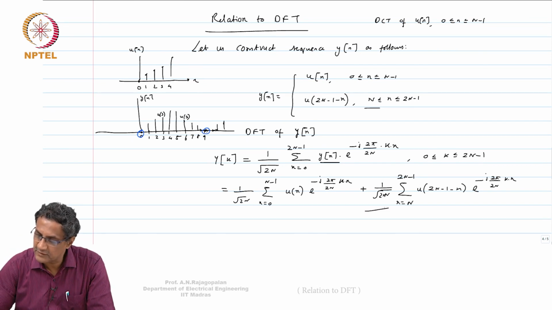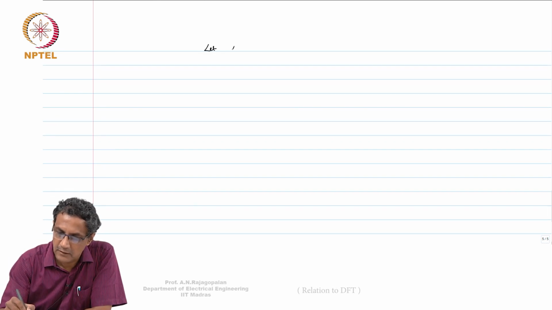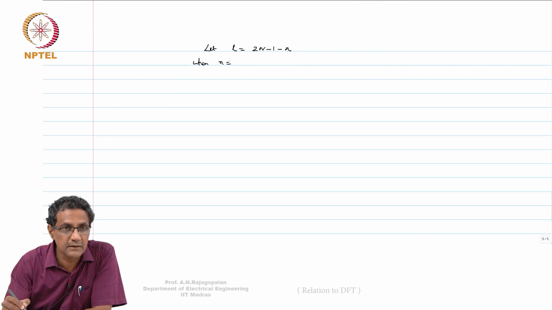Now if you focus on this expression, let us say let L be equal to 2n minus 1 minus n. So when n is equal to the lower limit n, L is n minus 1, and when n is 2n minus 1, L is 0.